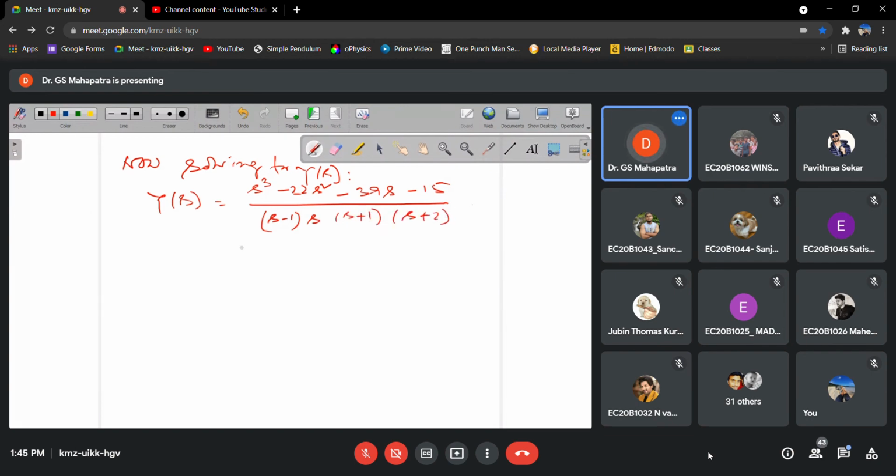Now the same procedure: partial fractions, then take the inverse Laplace transform, and you will get y of t in terms of t as the solution for y of t.